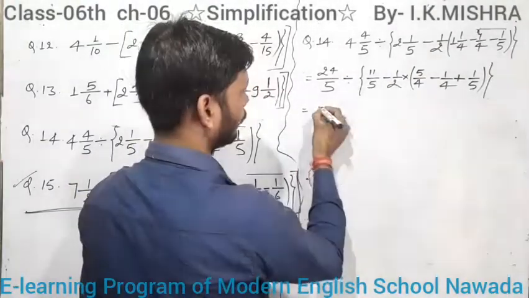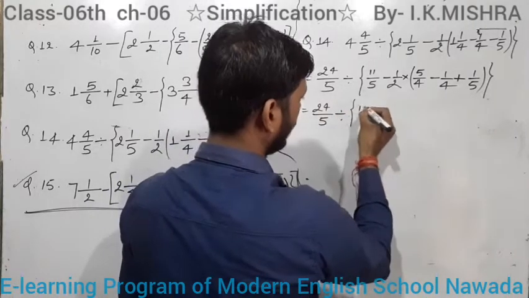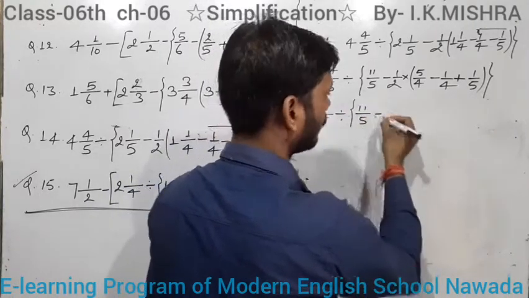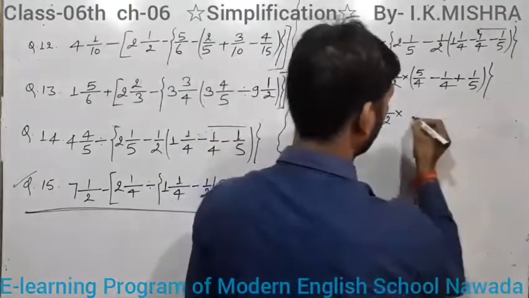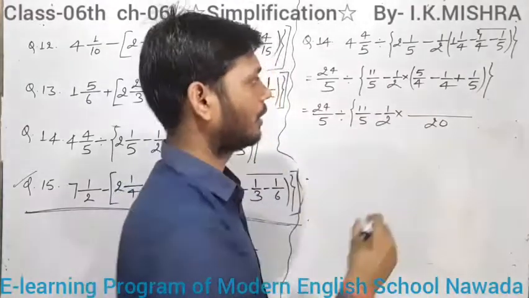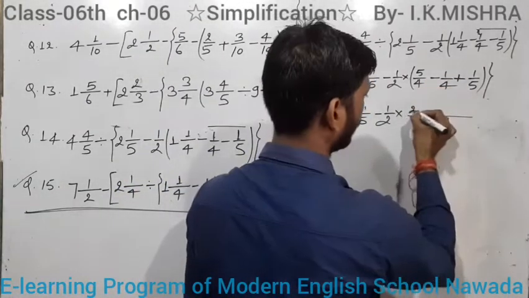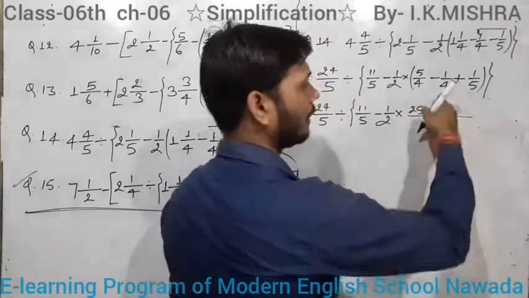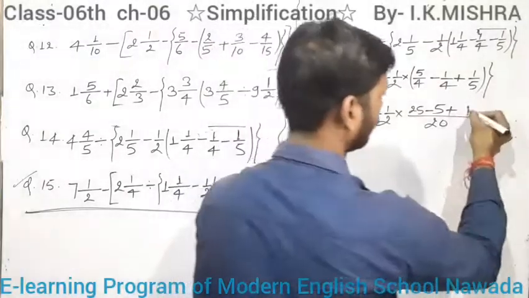24 by 5 divided by 11 by 5 minus 1 by 2 into, do the operations. LCM is equal to 20, and here 5 times 25 minus 5 minus 5 and plus 4.